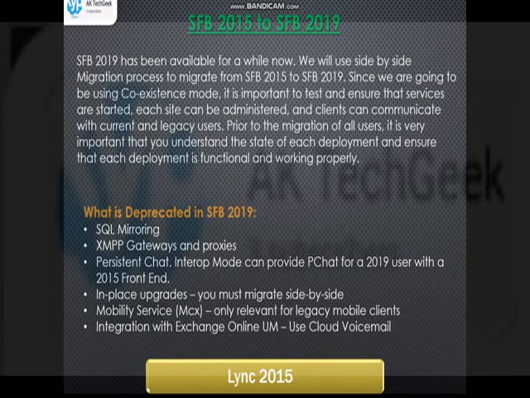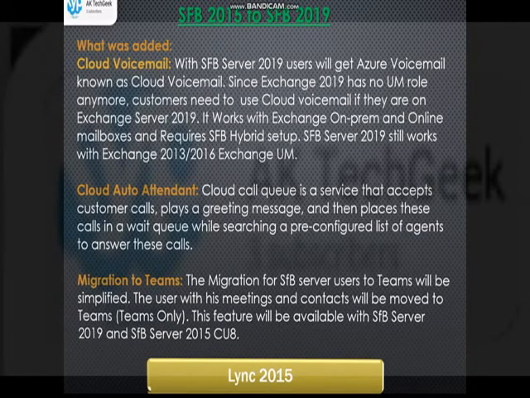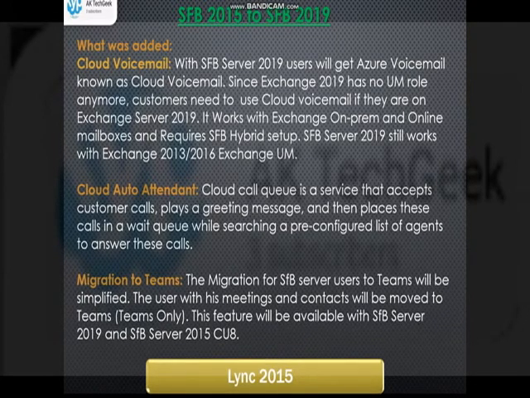Now if we go ahead and talk about what exactly has been added, we have added some of the features, like cloud voicemail as I discussed. Cloud auto attendant is the same, it actually lets you call the auto attendant and it will play some greetings and messages while you're waiting in the queue.